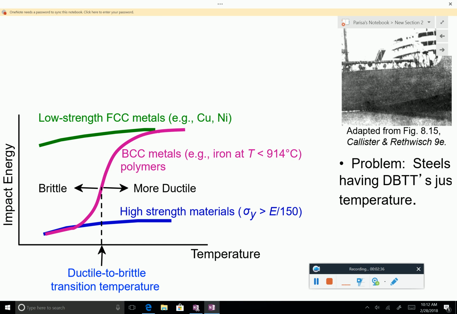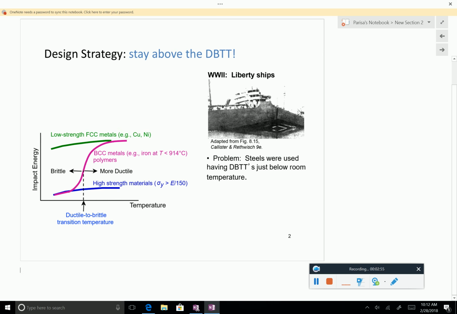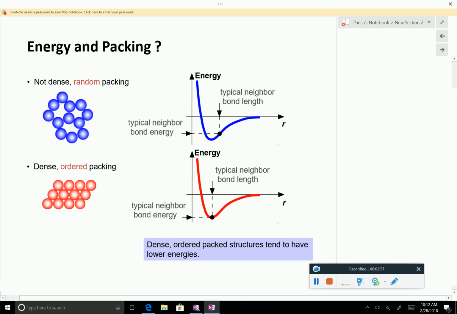So microstructure matters. If the metal has an FCC microstructure, it doesn't have this problem, but BCC has this problem. So we want to find out what these mysterious BCC and FCC stand for, and to learn a few things about the microstructure of metal.